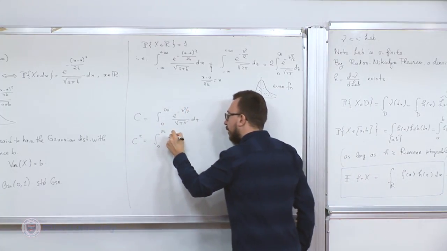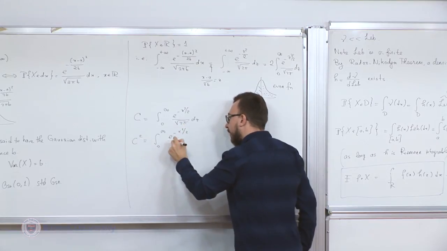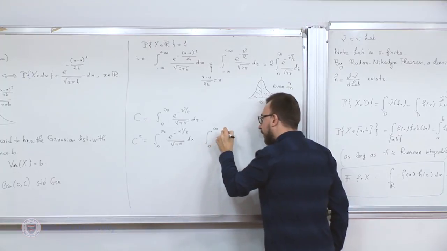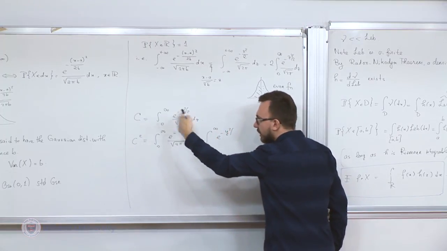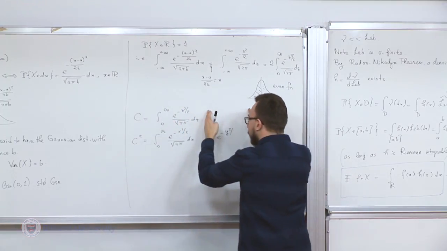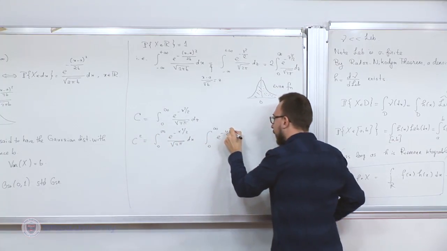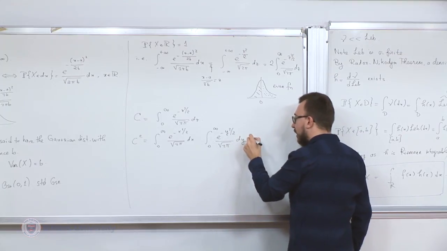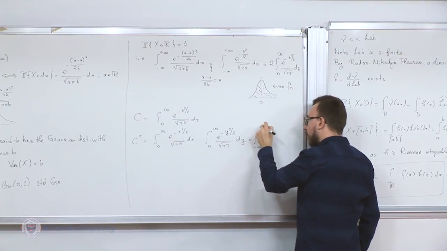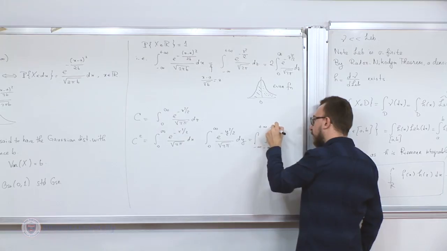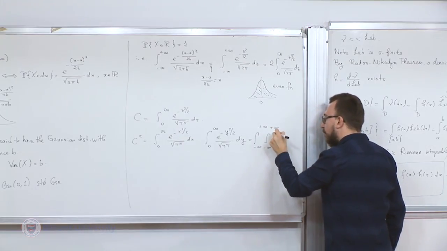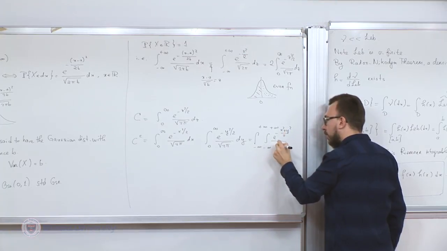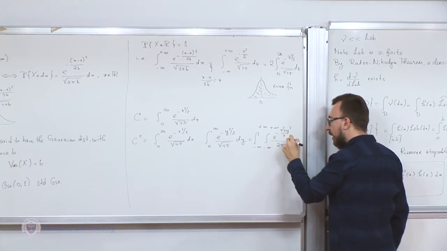Let me use x as the dummy variable and y for the dummy variable of the other integral. So it's a square, this times this. Or you can see it as a double integral, from minus infinity to plus infinity twice, e to negative x squared plus y squared over 2, divided by 2 pi, dx dy.